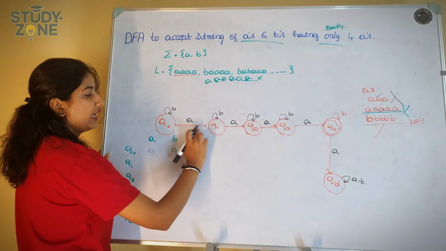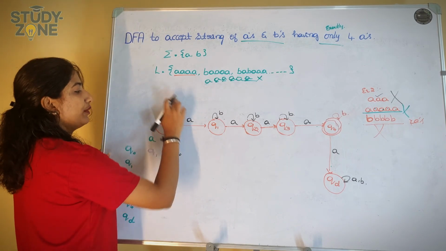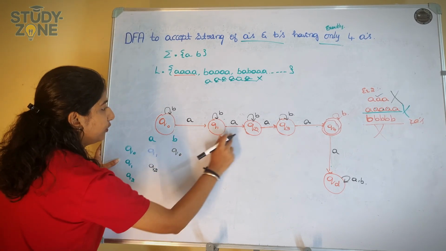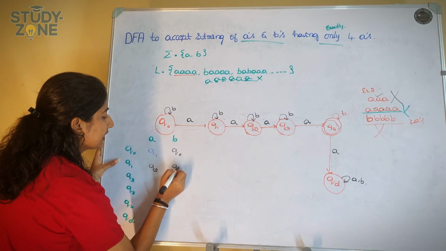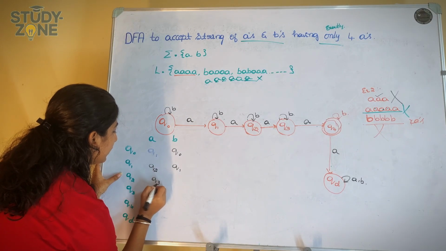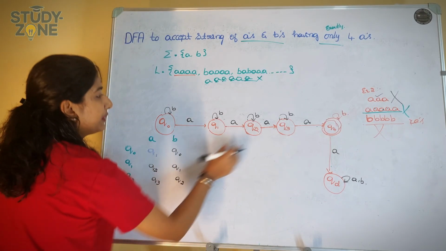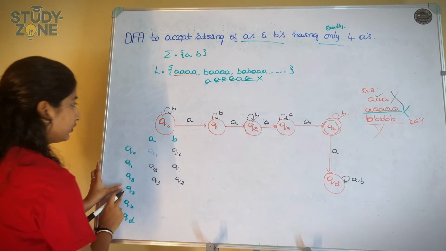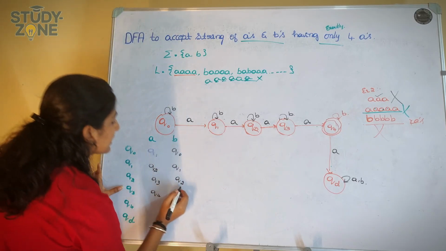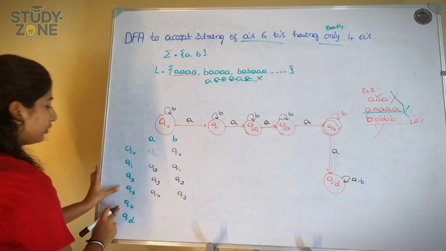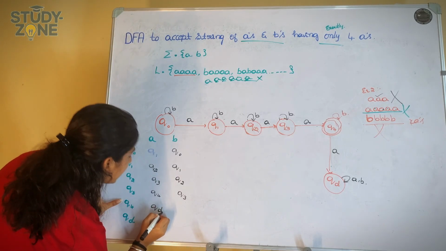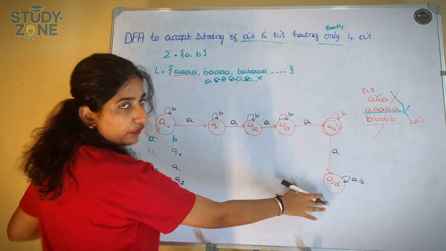Q1 on A moving to Q2, and Q1 on B remains in Q1 only, Q2 on A moving to Q3, and Q2 on B will be there in Q2 only, and Q3 on A moving to Q4, Q3 on B stays in Q3 only, and Q4 on A it is moving to the dead state, QD, and you can rename it as Q5 also.